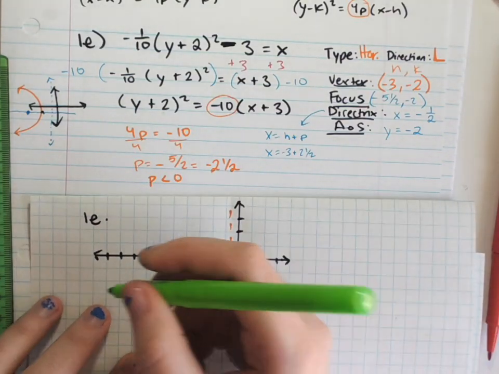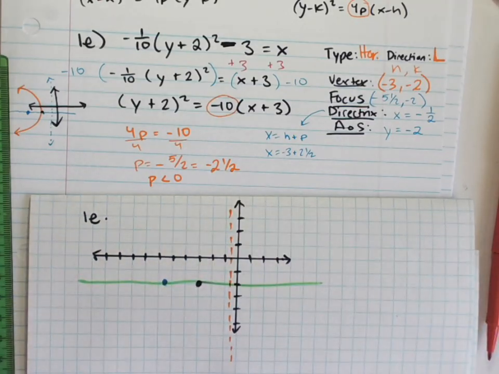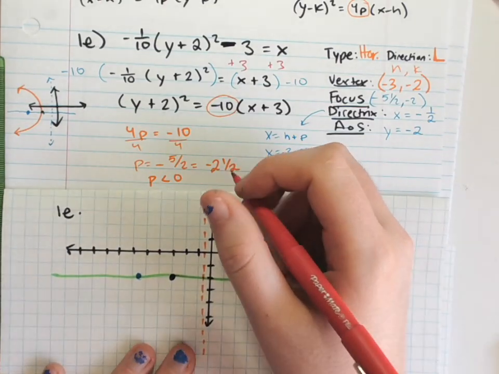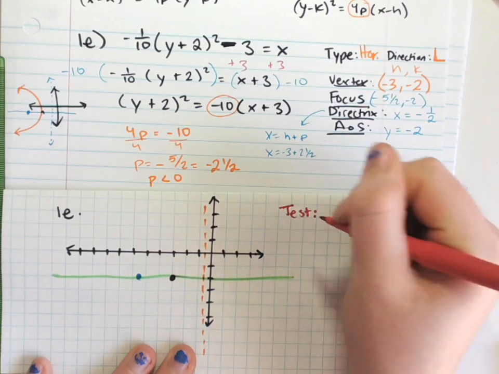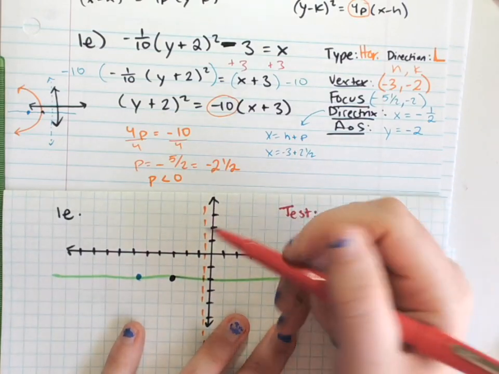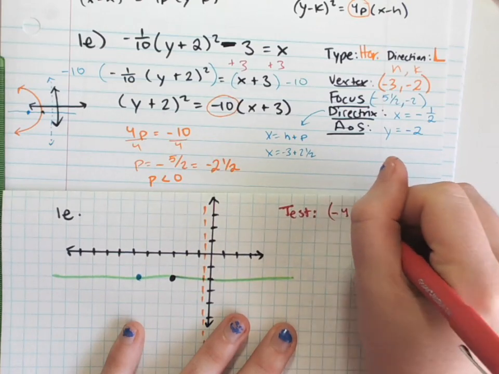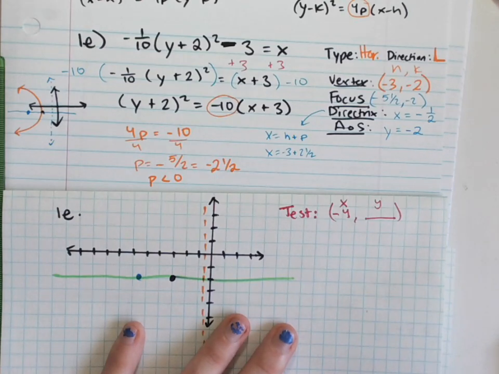I can plot in my axis of symmetry, but I need to test a point. Let's try testing what happens at negative 4. So I'm going to plug that in for x, and I'm going to solve for y.